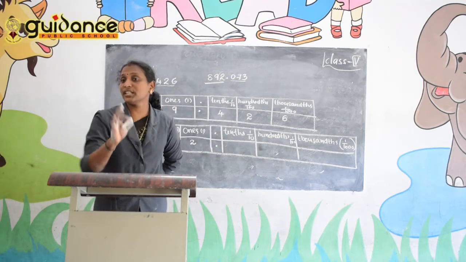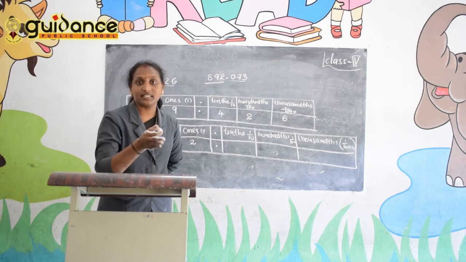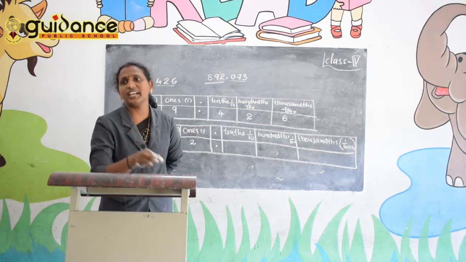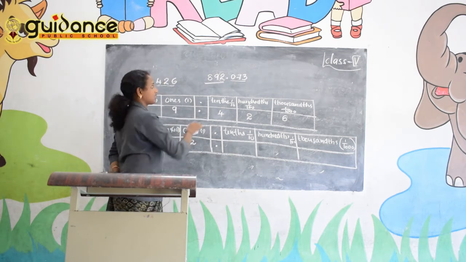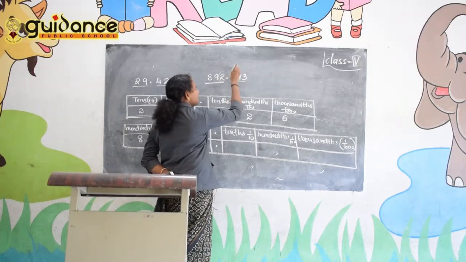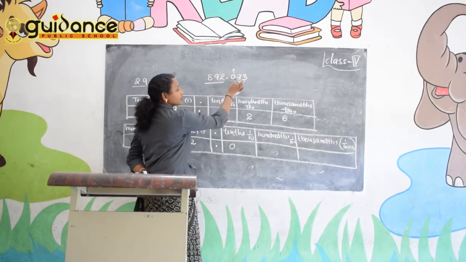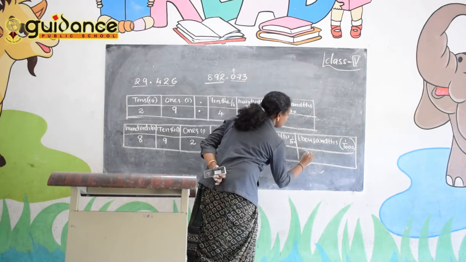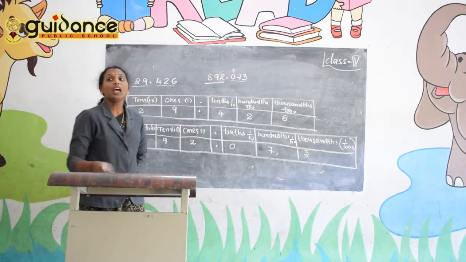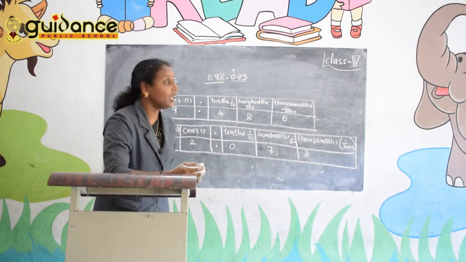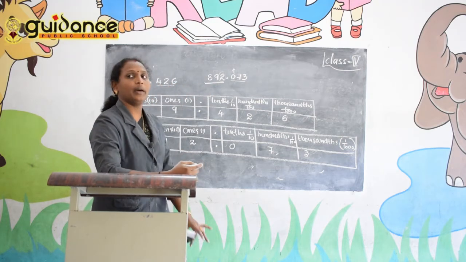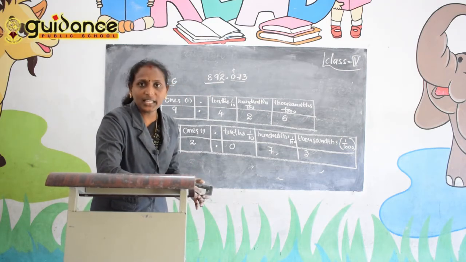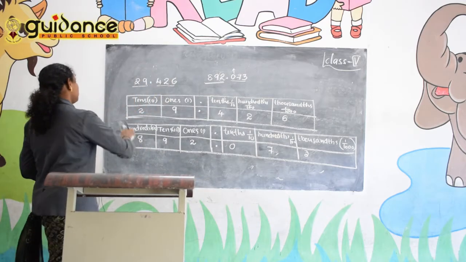The fractional part starts with the tenths, T-E-N-T-H-S. That means in the fractional part the tenths is 0. Hundredths is 7. 3 is in the thousandths. So this is the place value chart of the decimal number. Are all of you clear on this? Yes.